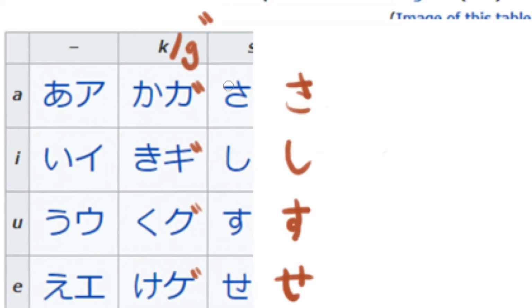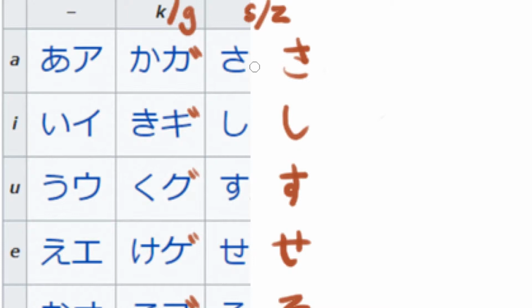And the same thing here with the S sound. If we voice the S sound, it turns into a Z, depending on where you're listening to this from. So we have sa, but if we add the ten-ten, it becomes za.